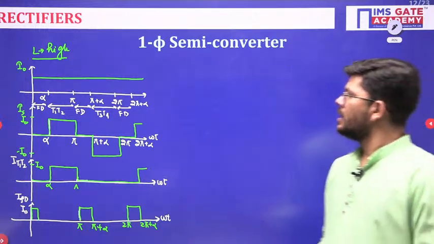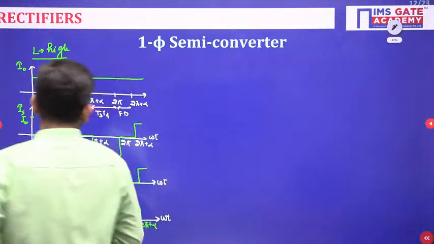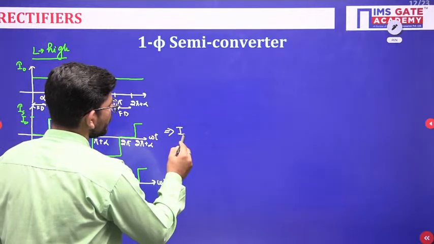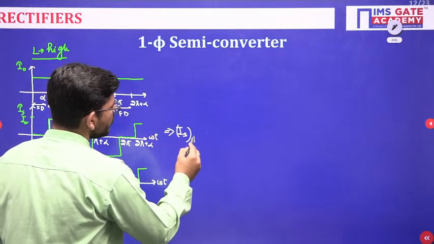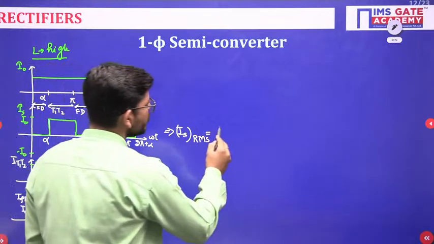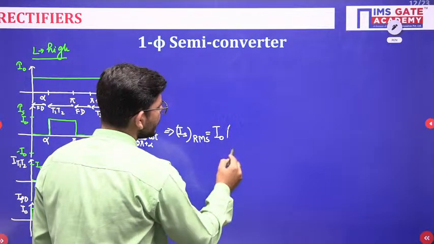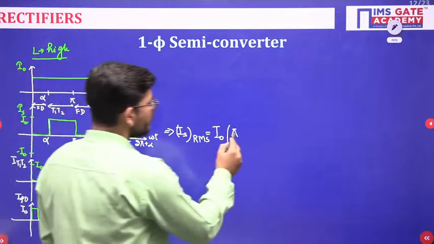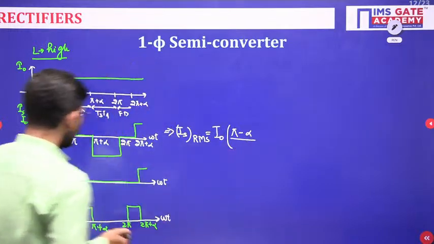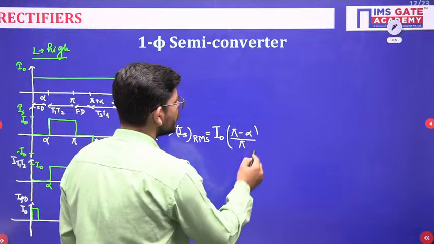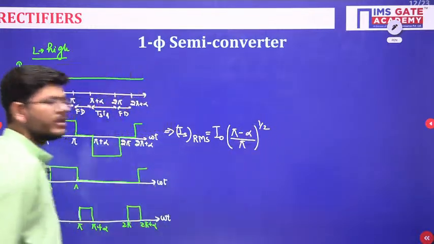Now if I want to calculate the respective values of the current, for example the RMS value of source current, what will it be? The magnitude is I naught, and this is present from alpha to pi, so pi minus alpha, and the period is pi. This is how you will get the RMS value of source current.